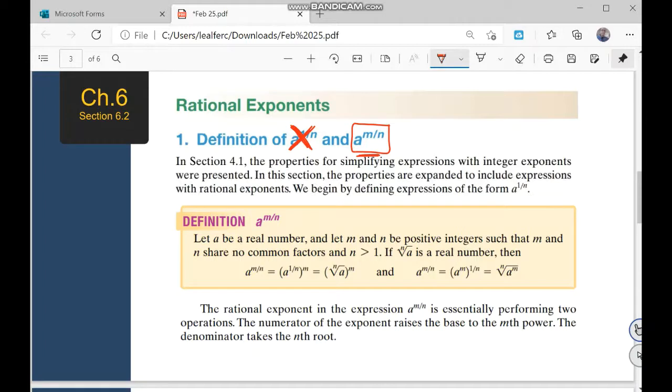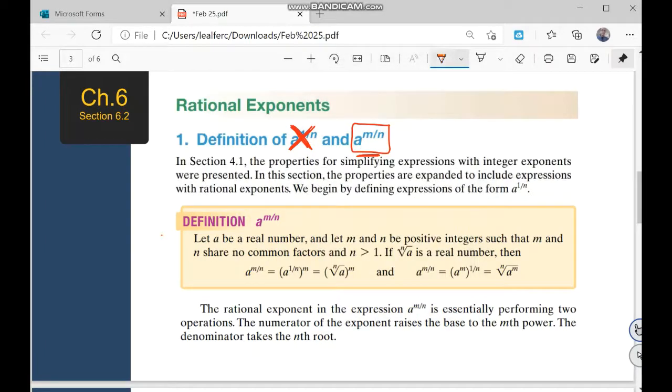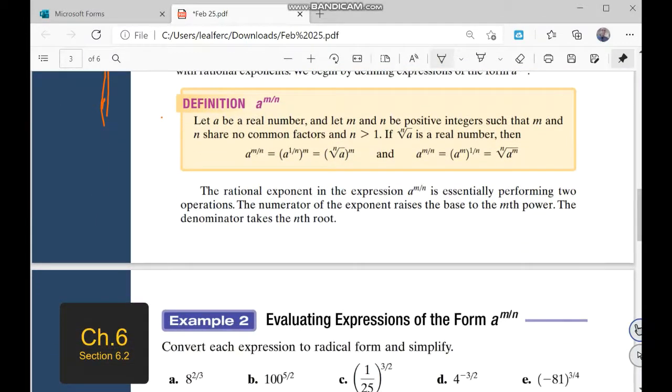Let's go straight to the point. Definition. If we have a exponent m over n, I will repeat here at the bottom, a exponent m over n, we can rewrite as the root.